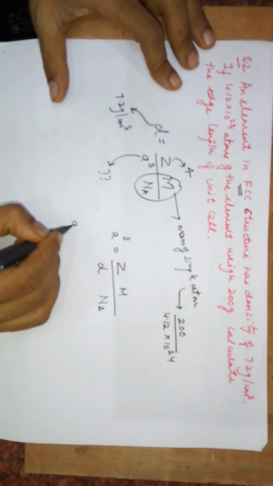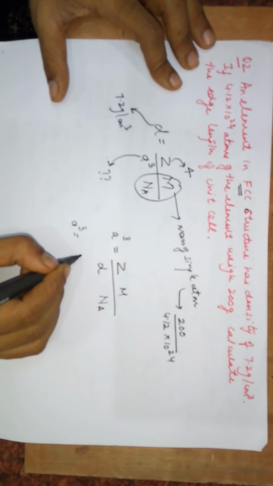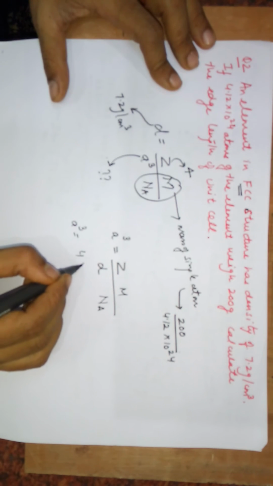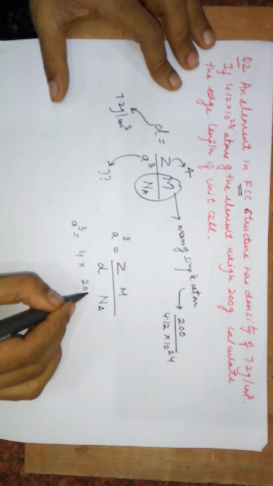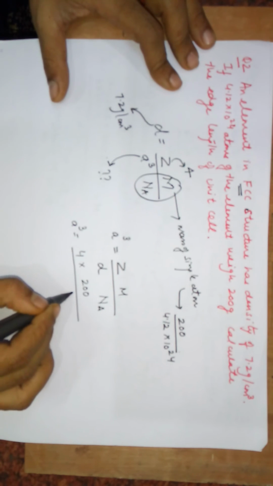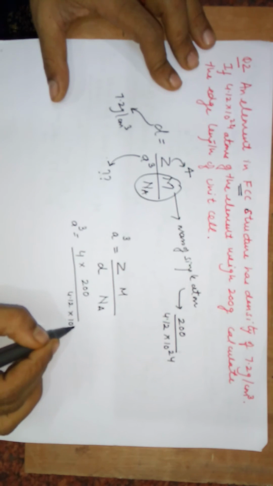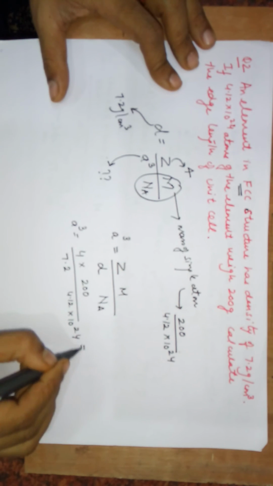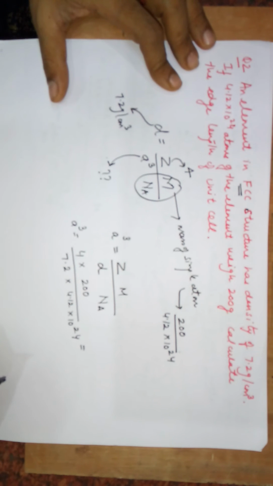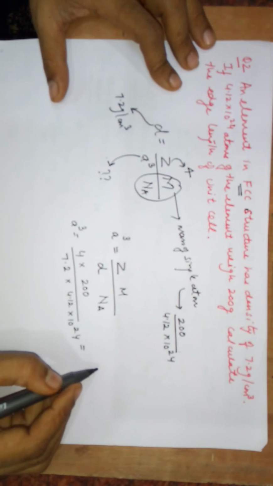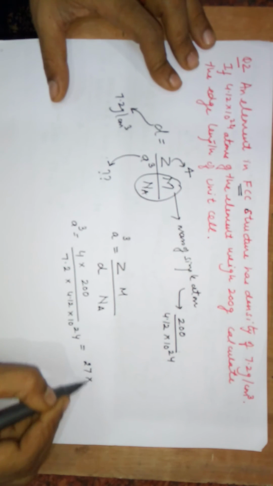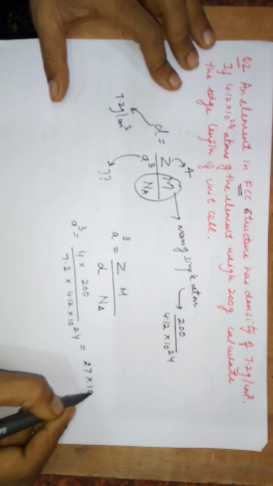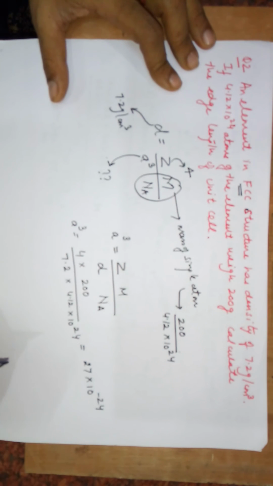Substituting the values, A cube comes out to be 4 is the Z value. Instead of M by Na, I am using 200 divided by 4.12 times 10 to the power 24. Your density is 7.2. On calculation of this part, you end up with a value which is equal to 27 approximately times 10 to the power minus 24 is your A cube.